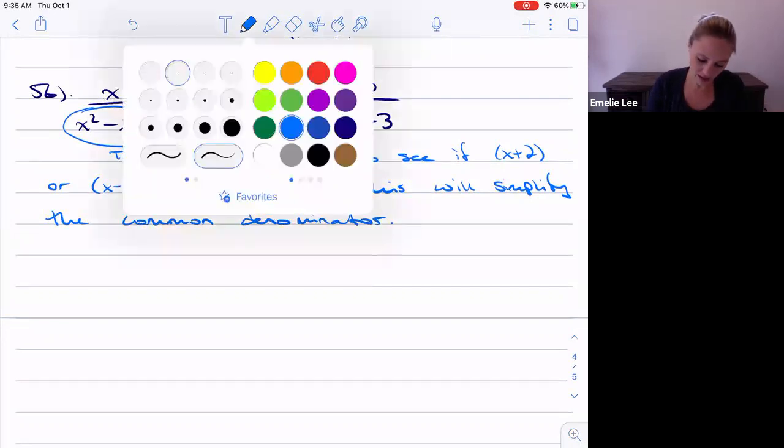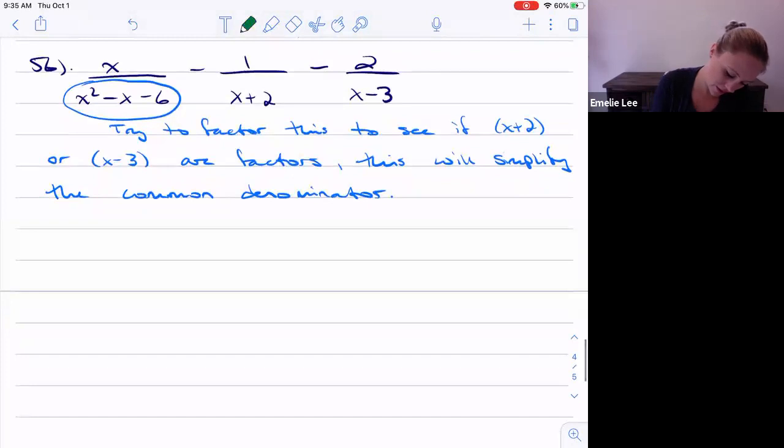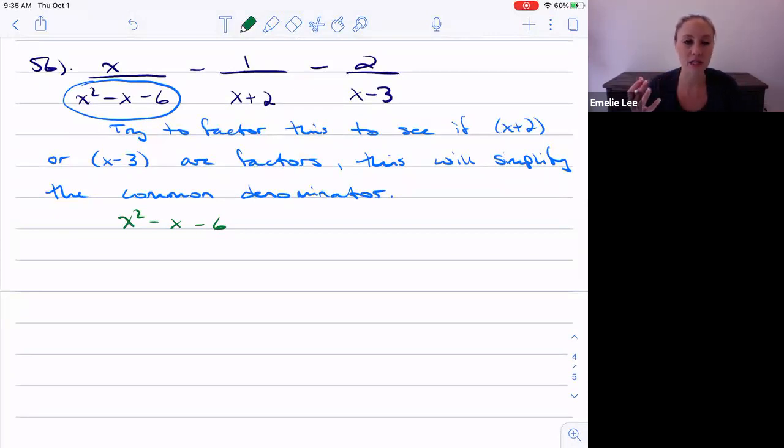So kind of as a side note here, if I've got x squared minus x minus 6, I don't know about you guys, but I'm not seeing how this would factor easily. Whenever I come across something like that, I'm just going to use the quadratic formula.